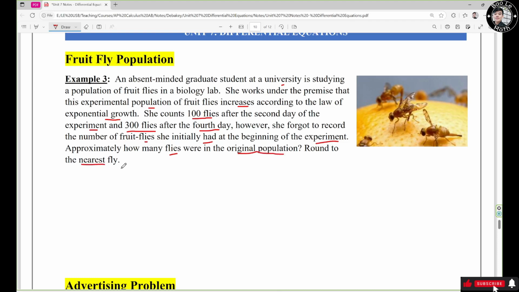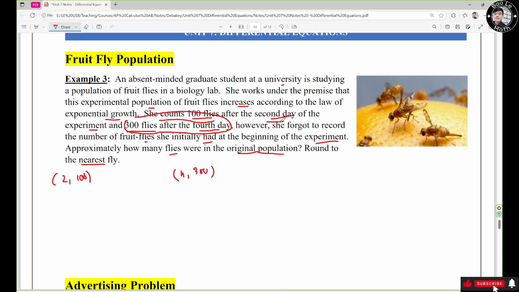Alright, so first you need to summarize the problem. She counts 100 flies after the second day, so you have the ordered pair (2, 100). Next, she counts 300 flies after the fourth day, so you have the second ordered pair (4, 300).